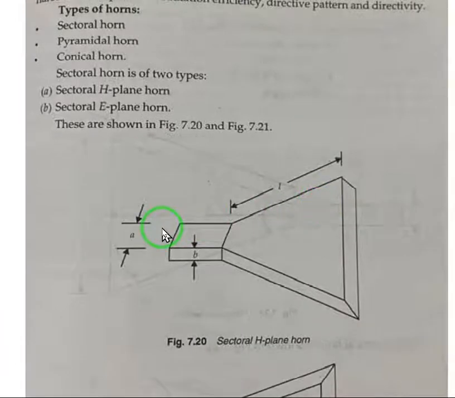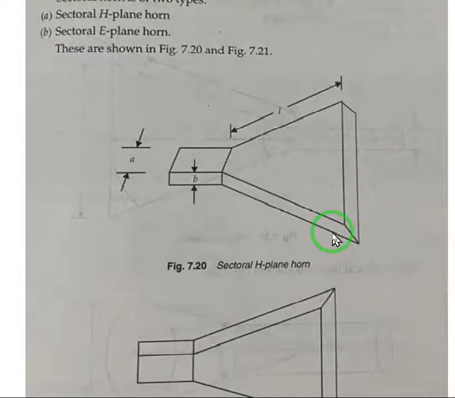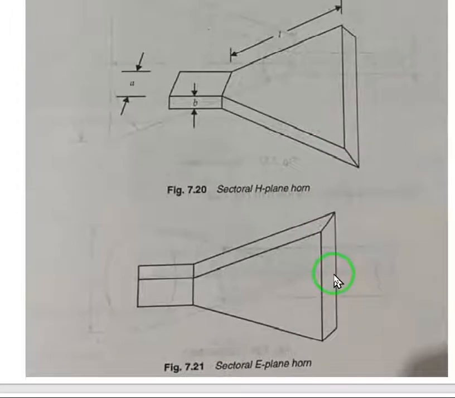As shown in the figure, this type of shape introduces the H-plane horn, which is a flat type horn. This type of shape is the E-plane horn, as it is somehow not flat as compared to the previous picture.